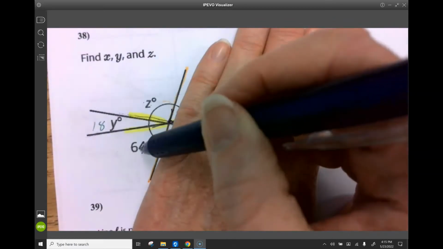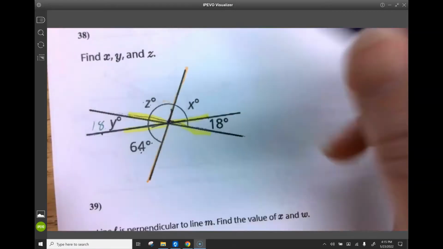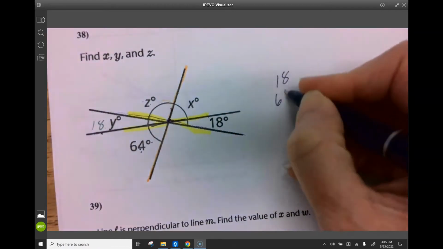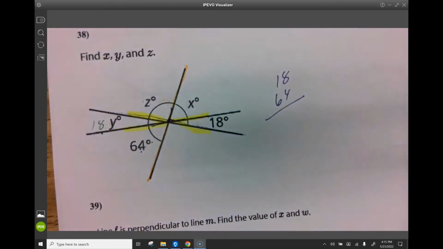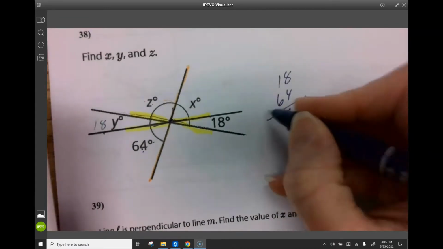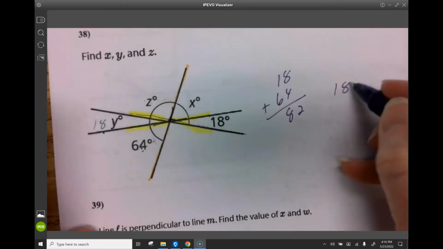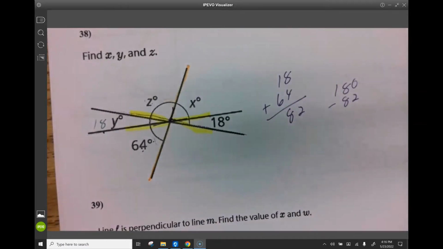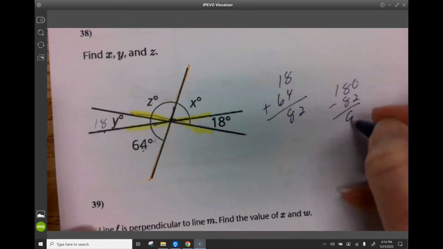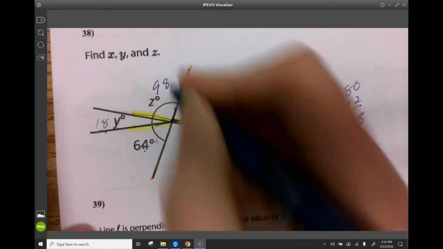I take 18 plus 64 and I get 82. Then the whole thing has to equal 180, so I take 180 minus 82, and I find out that this angle is 98.